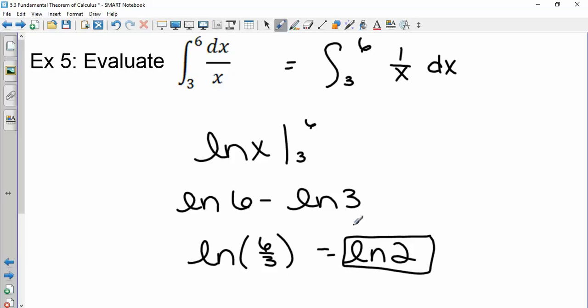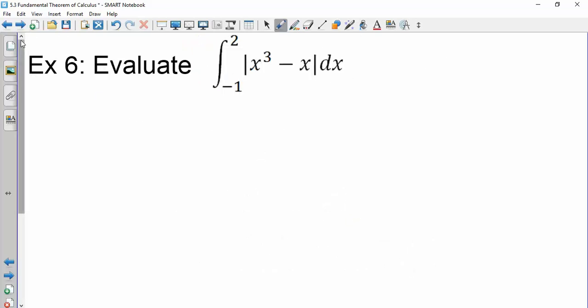Okay, let's do a little more complicated one. We've done a lot of antiderivatives before, so let's throw something new in. We've done some basic antiderivatives with absolute values. This one is a little more complex. What did we have to do first when we were working with these? So if I set x cubed minus x equal to 0, I can take out an x.